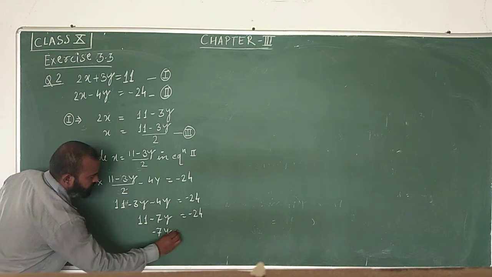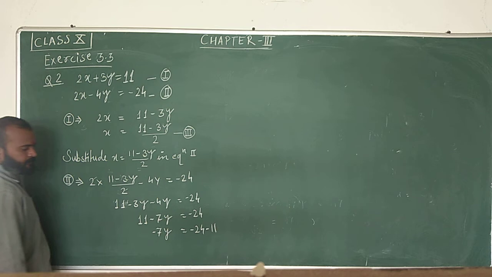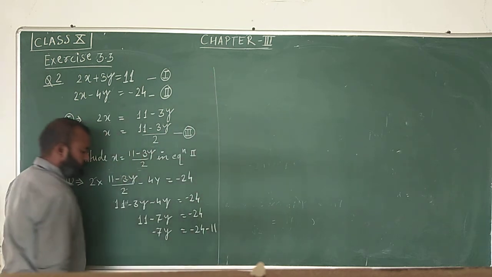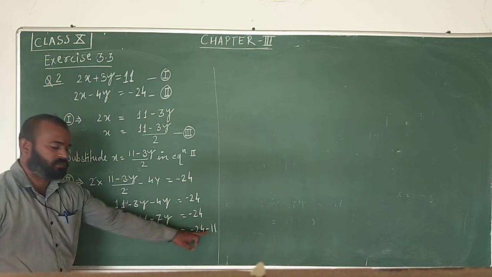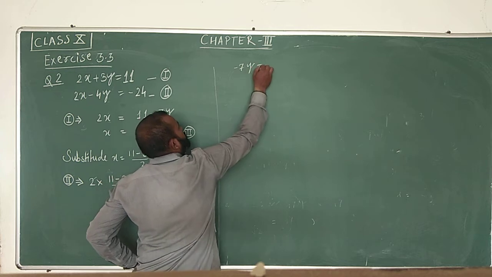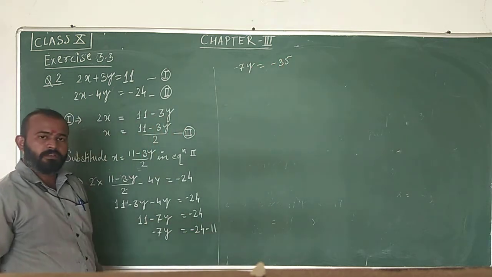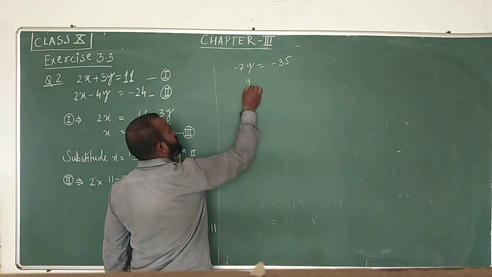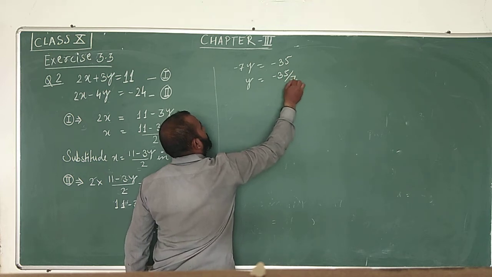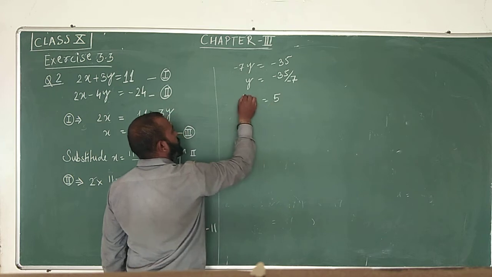Minus 7y equals minus 24 minus 11. Minus 7y equals minus 35. Now sending minus 7 to that side, minus 35 divided by minus 7, so y will be equal to 5.